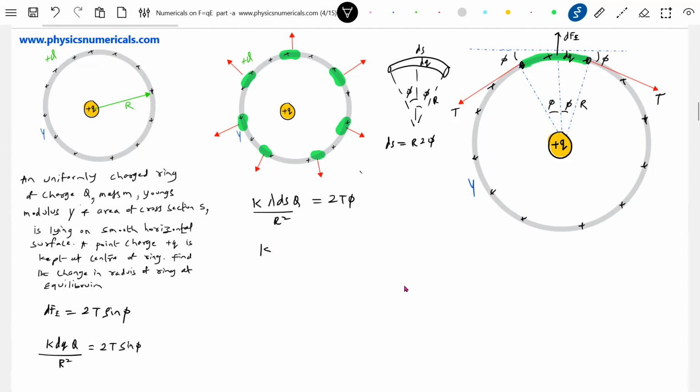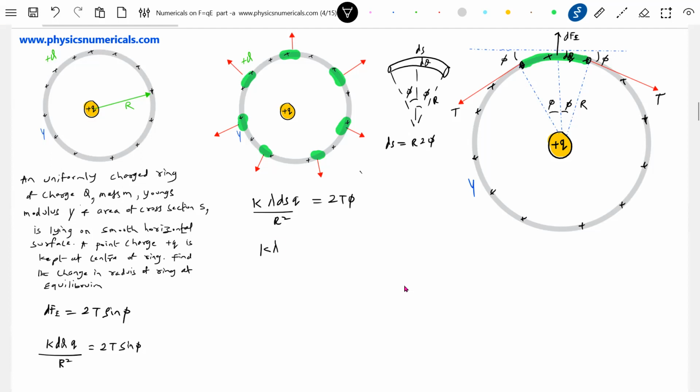Just a small correction is there. This is dq. Yeah, fine. So what is dq? dq should be lambda into ds.